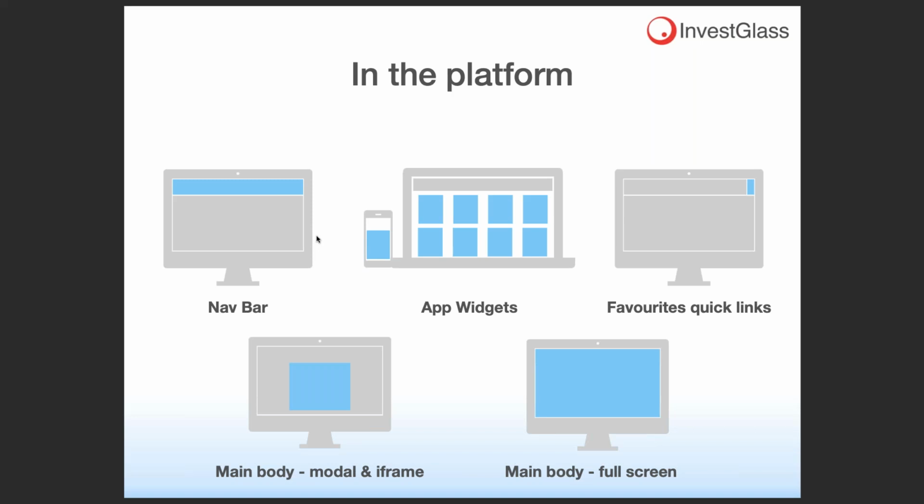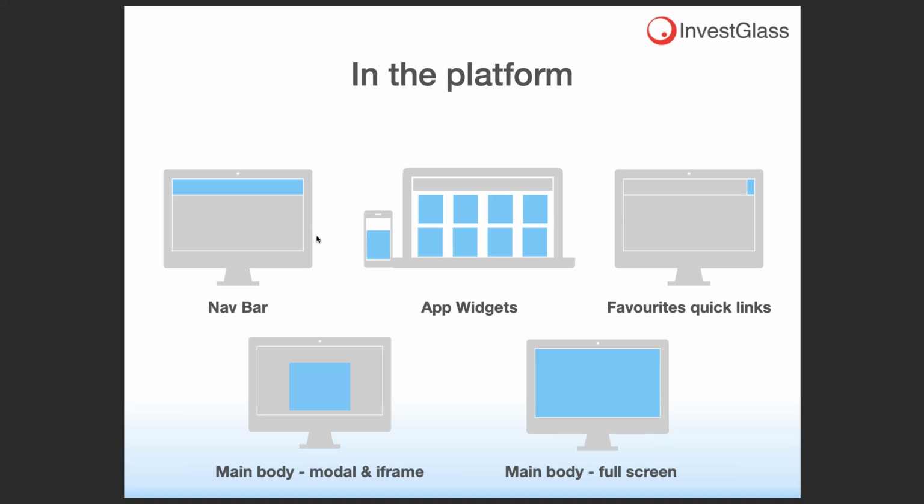The navbar is the navigation menu where you will find all the different links to the main pages of InvestGlass. This can also be used to connect the main pages if you're using a third-party portfolio management tool or even another CRM. You could have all connected thanks to the navbar links.